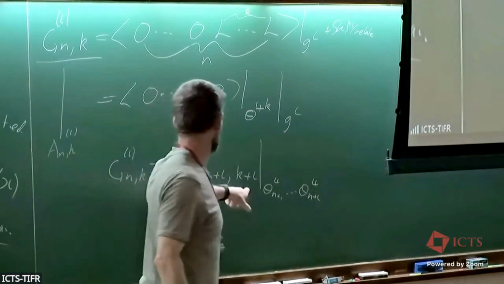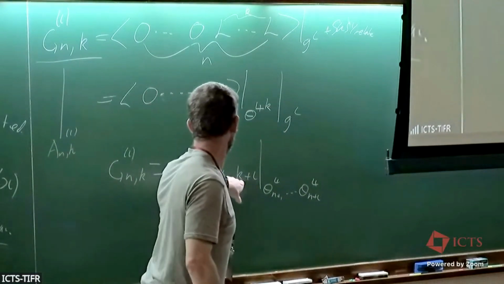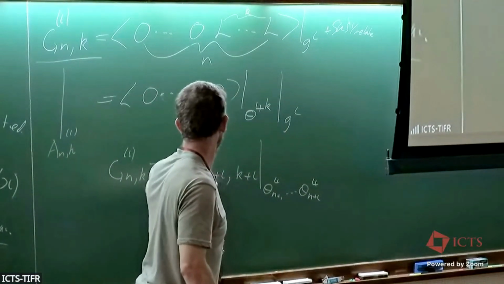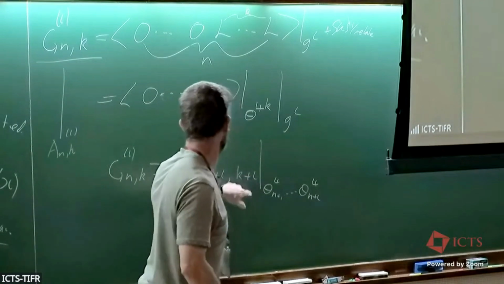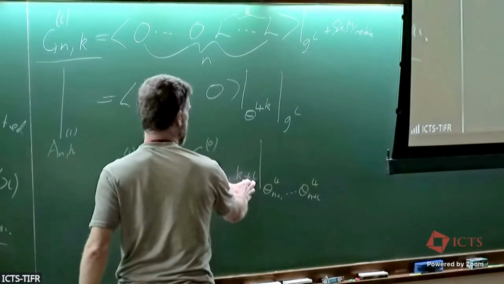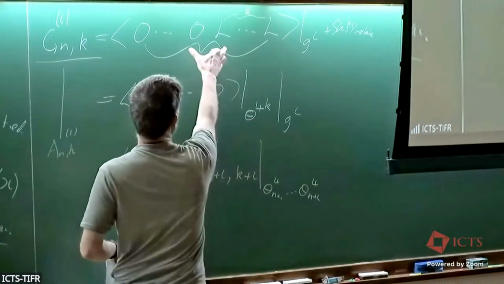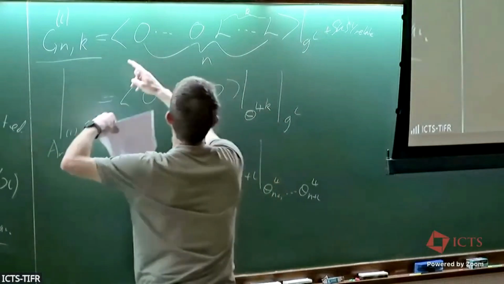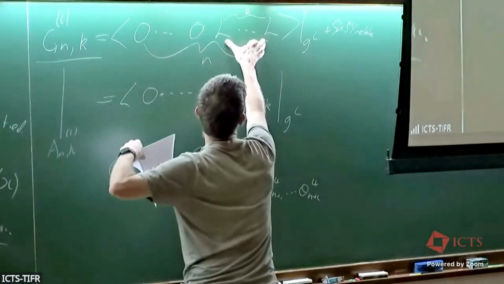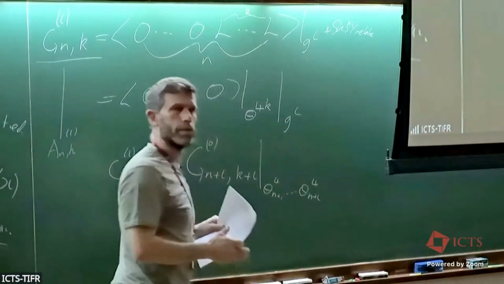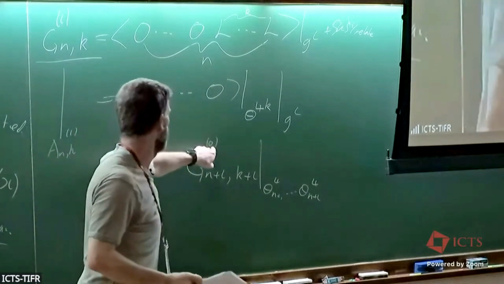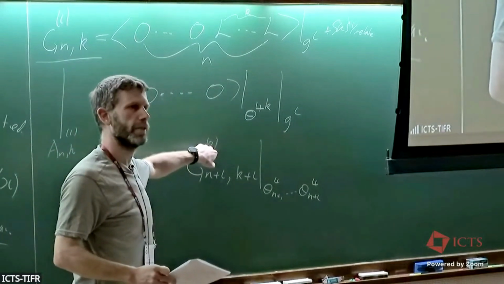So if you look at this, here I've got n plus L objects, and I'm at k plus L. What I've basically done is bring down L Lagrangians into the L further Lagrangians. So I've got k Lagrangians plus L Lagrangians. But now I can look at that at tree level instead.